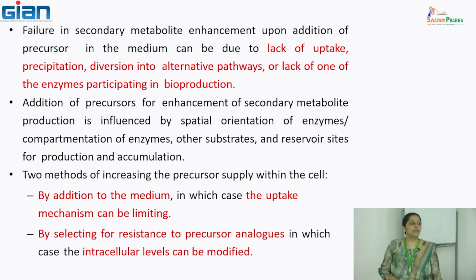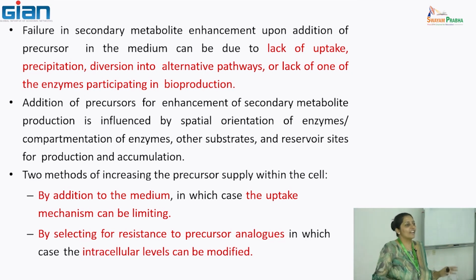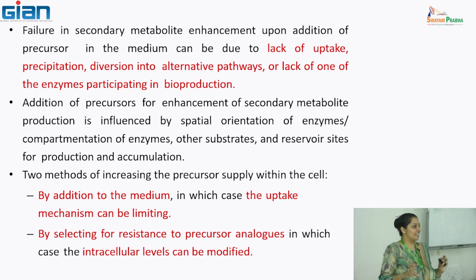Right now, we are assuming that the enzymes are all in place and they are not running at their Vmax. So the amount of enzyme required is already at its maximum. Then, however much you keep pushing, you won't be able to see the result. So there are multiple factors which should be kept in mind for this strategy to be successful.